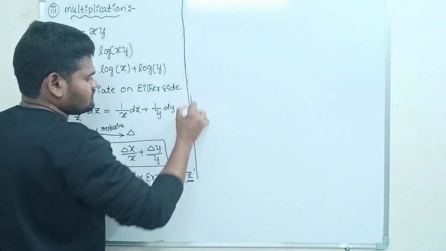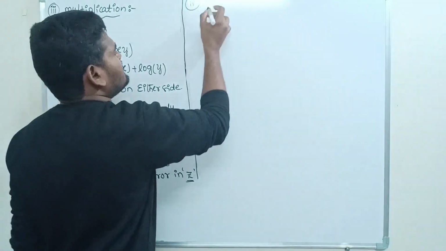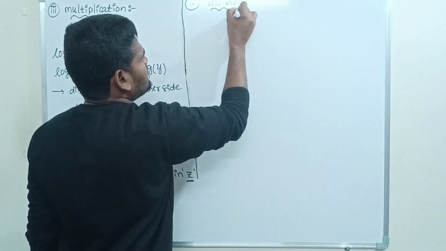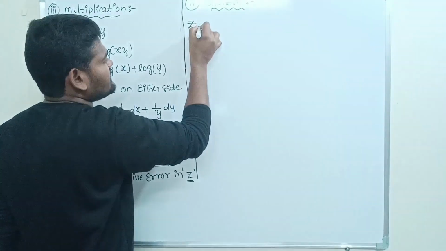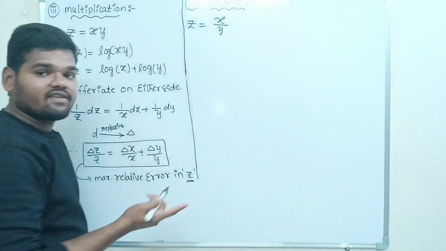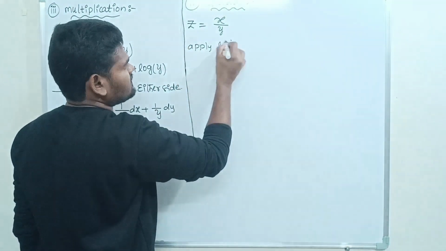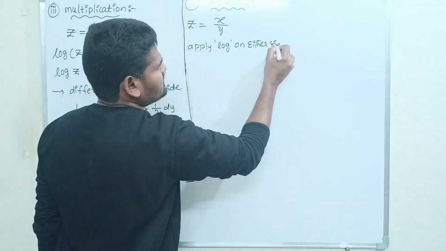Okay, let us see the fourth one: division. In case of division, z is related with x and y as z is equal to x by y. Then what we have to do is apply log on either side.